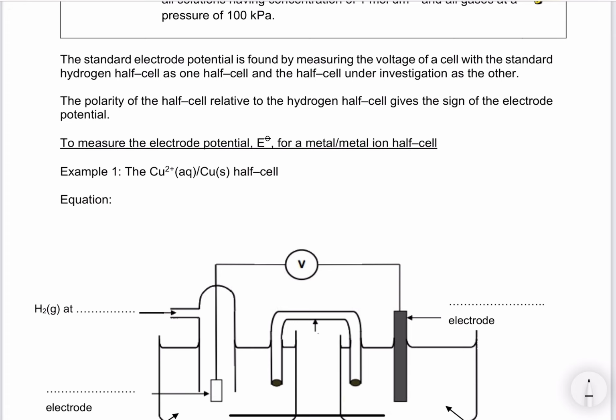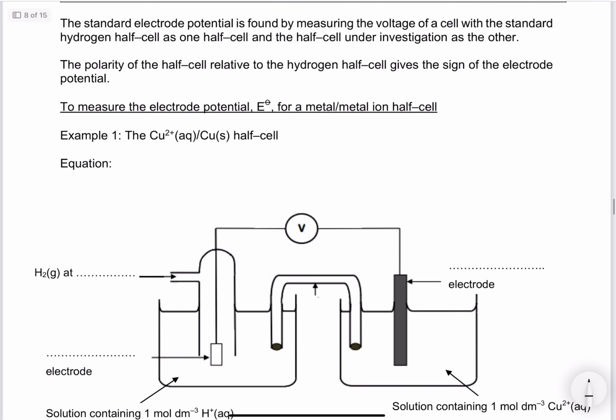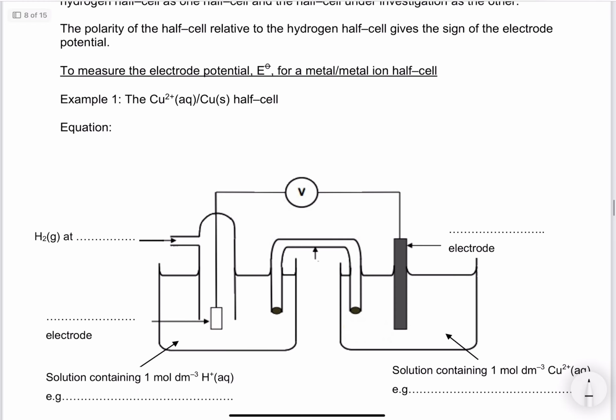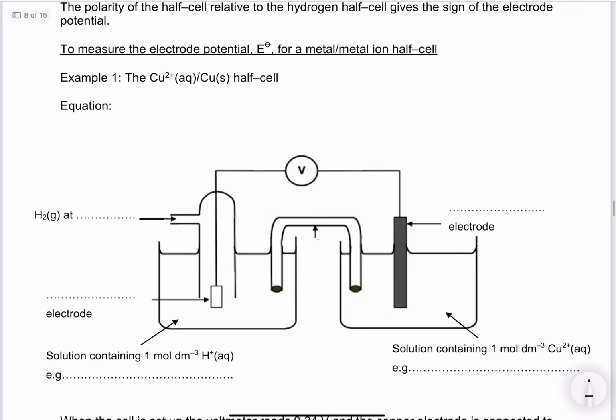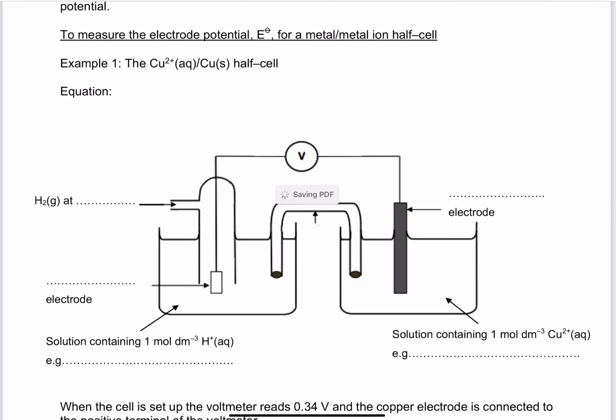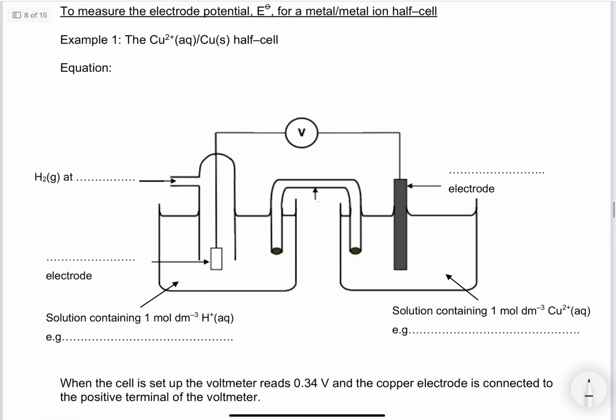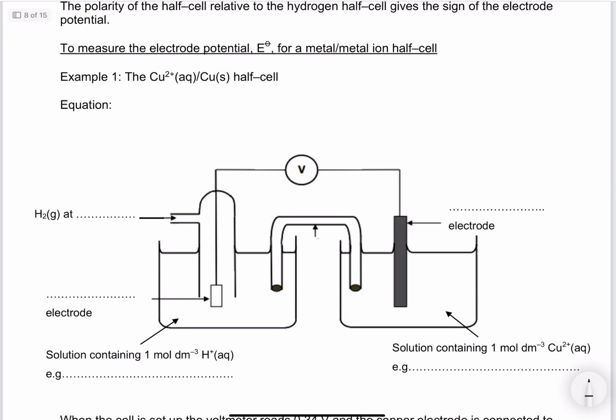So let's just look at that for the cell that we introduced in the last video. Let's look at that for the copper half cell, and then let's look at it for the zinc half cell. So I want to measure how much of that 1.1 volts was due to copper. We get given this kind of standard representation of Cu2+(aq)/Cu, and it's always the first thing that is going to get written first in our half equation.